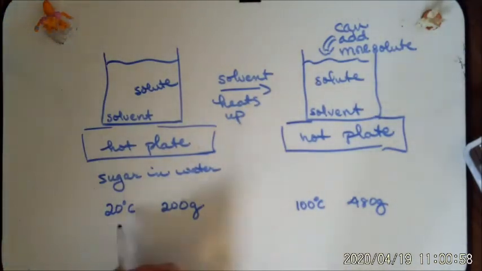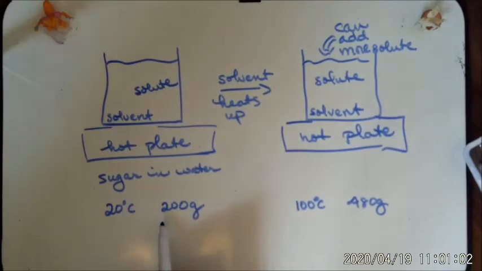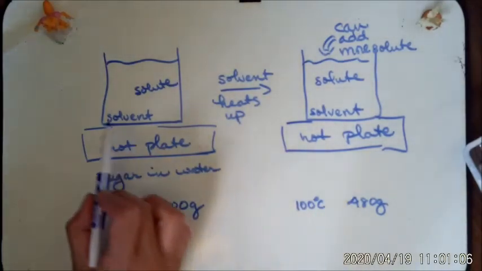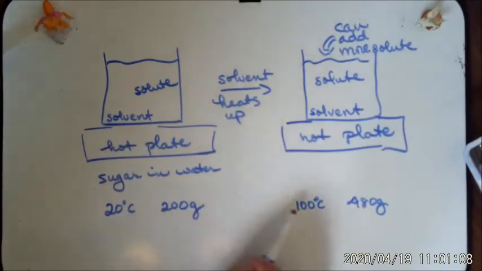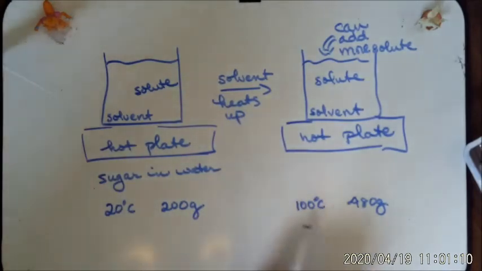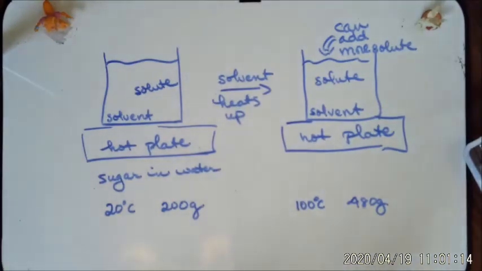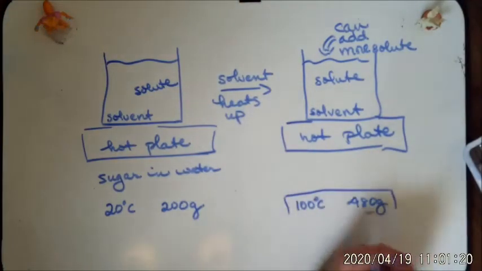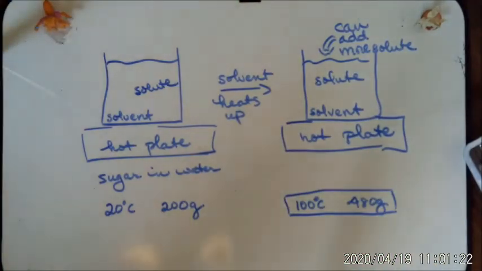Okay? So if I'm at 20 degrees and I put 480 grams in there, 280 grams is going to stay at the bottom. If I heat it to 100 degrees and I'm stirring it, then all 480 grams will dissolve. Now what's interesting is this. Suppose I dissolve all 480 grams, okay?